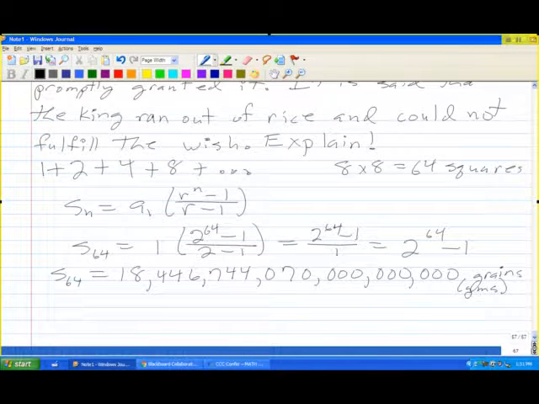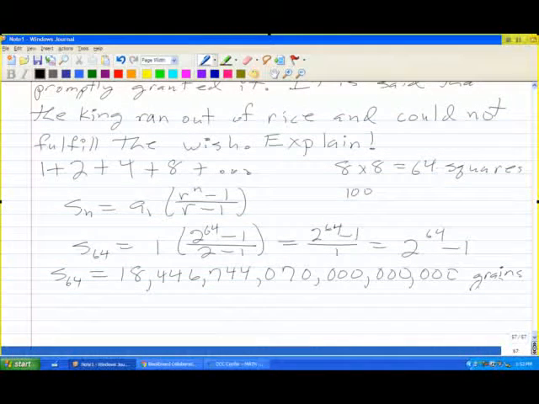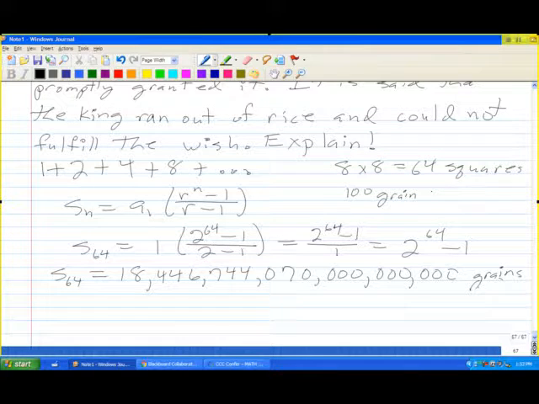Yeah, 100 grains of rice is 1 gram of rice. So I guess let me divide this by 100.